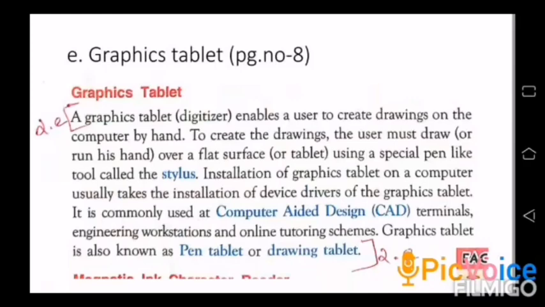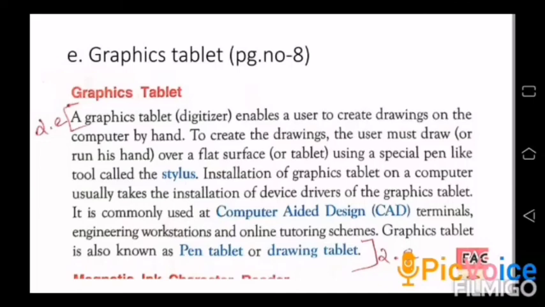The second question, E, graphics tablet. This is page number 8. Answer: a graphics tablet enables a user to create drawings on the computer by hand. To create the drawings, the user must draw over a flat surface using a special pen-like tool called the stylus.